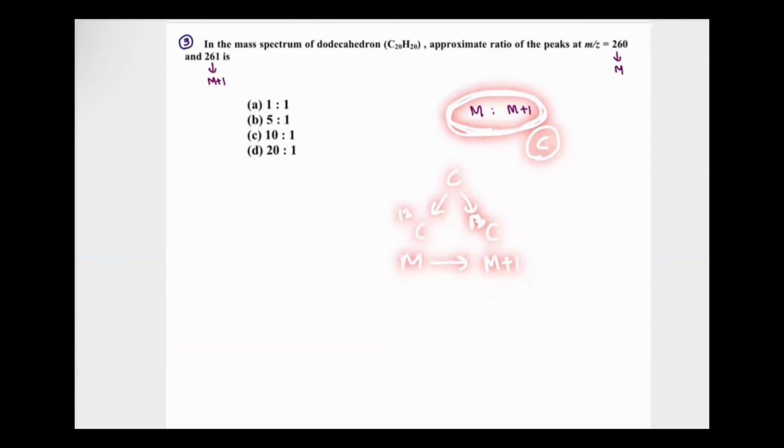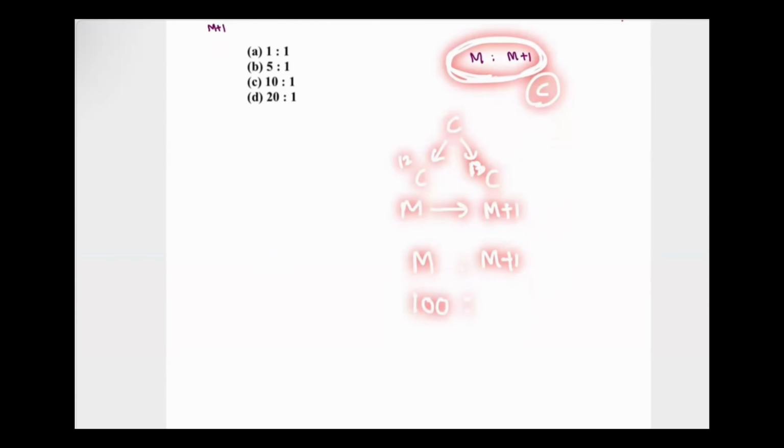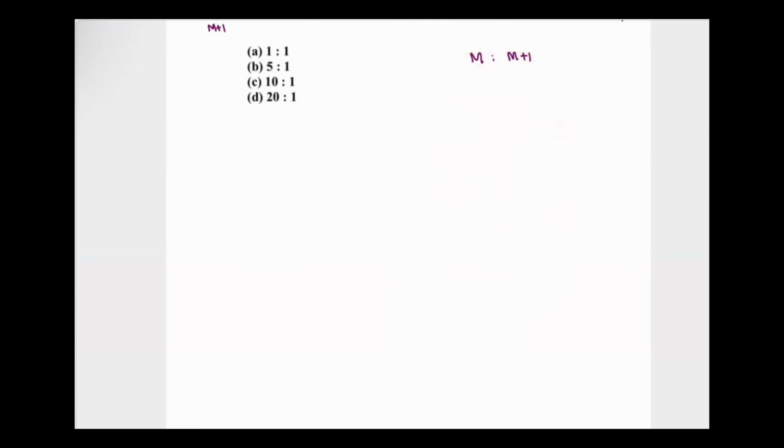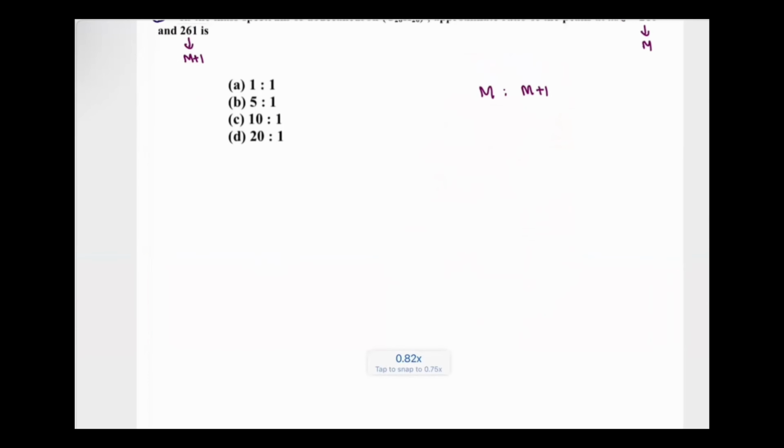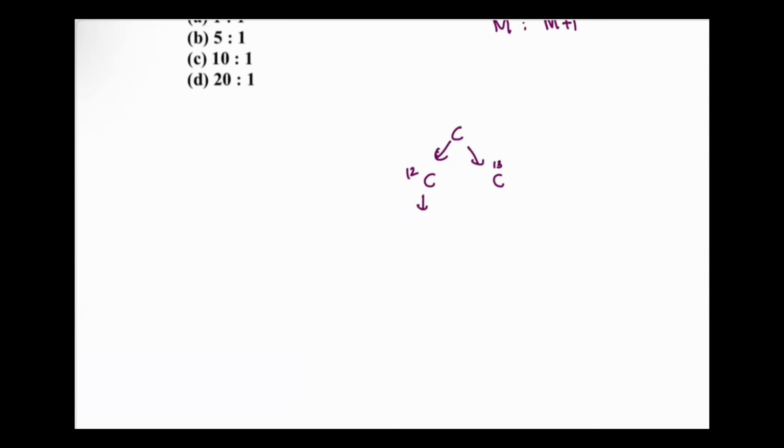And the relative ratio between M peak and M plus 1 peak in case of carbon 13 will be 100 is to n into 1.1. This you already seen. That is, carbon can be either carbon 12 or carbon 13. And for carbon 12 peak, we will take the intensity as 100% always because it will be the most intense peak.